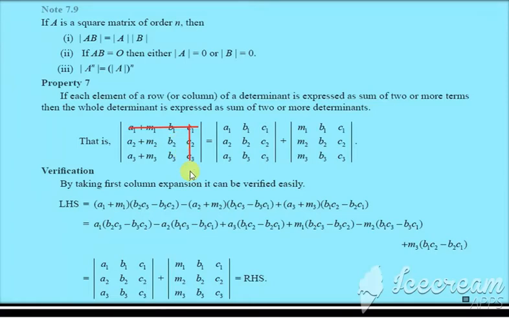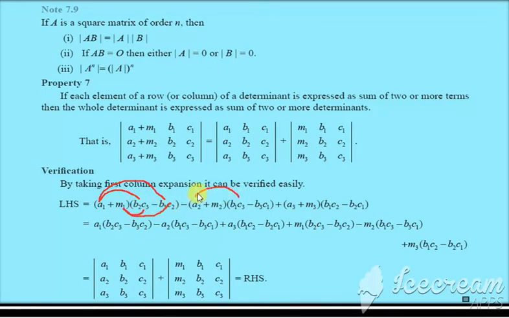So now I'm going to split into the A1 value and M1 value. A1 B2 C3 minus A1 B3 C2. Next M1 B2 C3, next M1 B3 C2. Next value A2 B1 C3 minus A2 B3 C1.